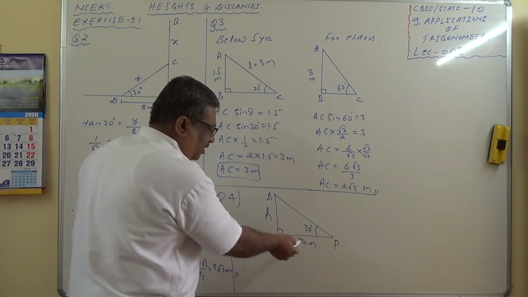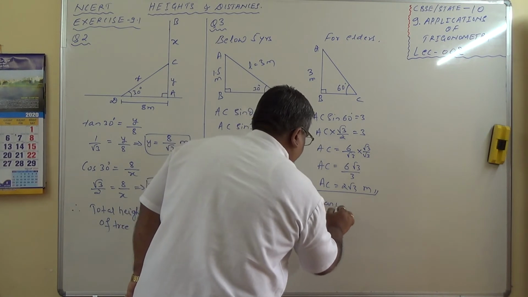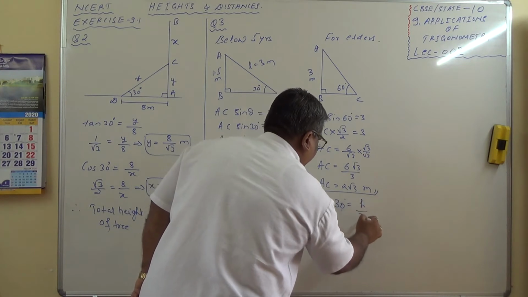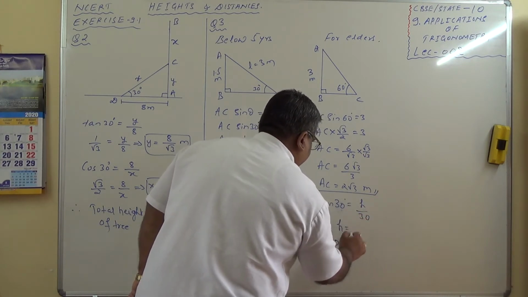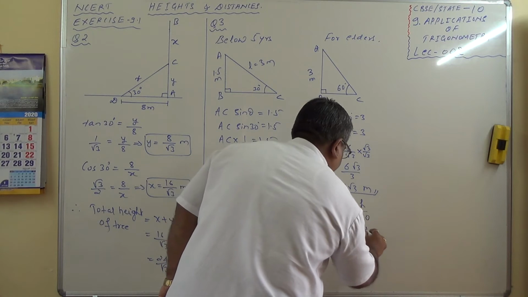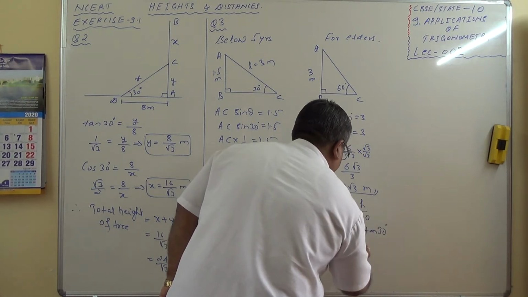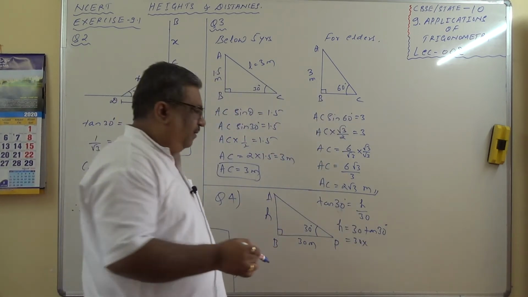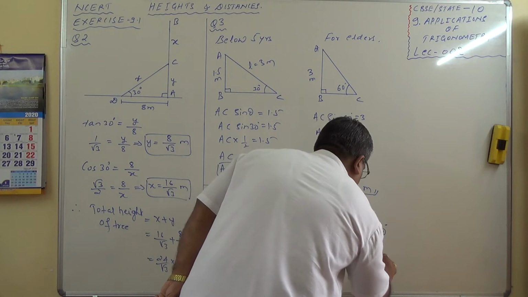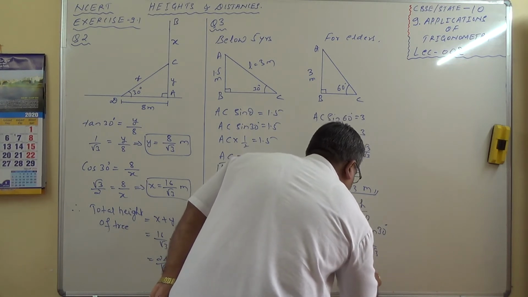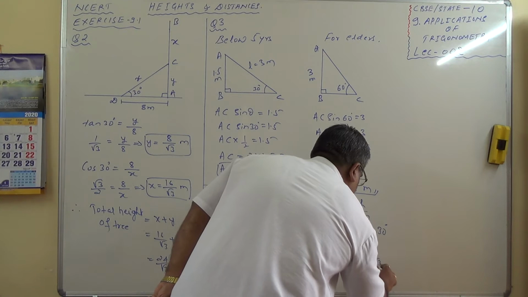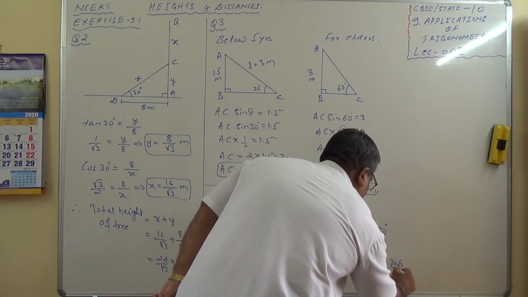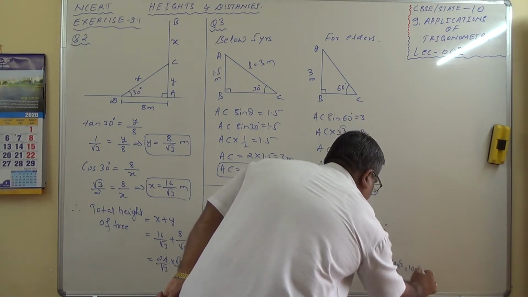So tan 30 equals h by 30. Therefore h equals 30 into tan 30 degrees, which is 30 into 1 by root 3, which equals 30 by root 3 into root 3 by root 3, which equals 30 root 3 by 3, which equals 10 root 3 meter.